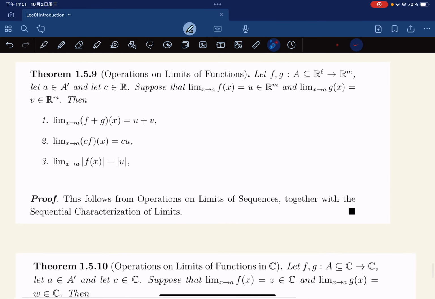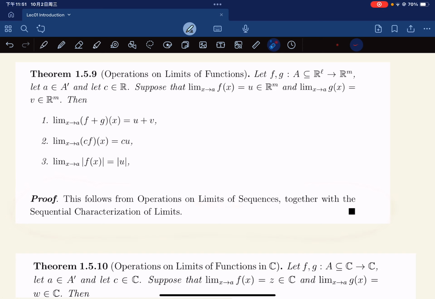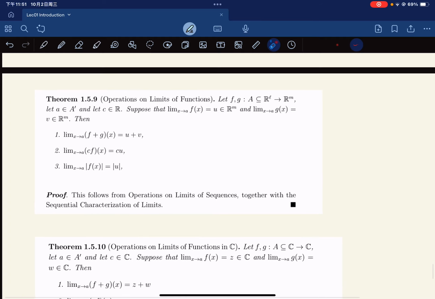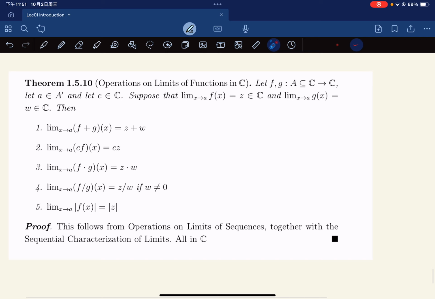And this gives the operations of limits on limits of functions, right? And in R^m, the proof just follows by operations of limits of sequences together with the sequential characterization of limits. And so does the case of the complex cases, right?